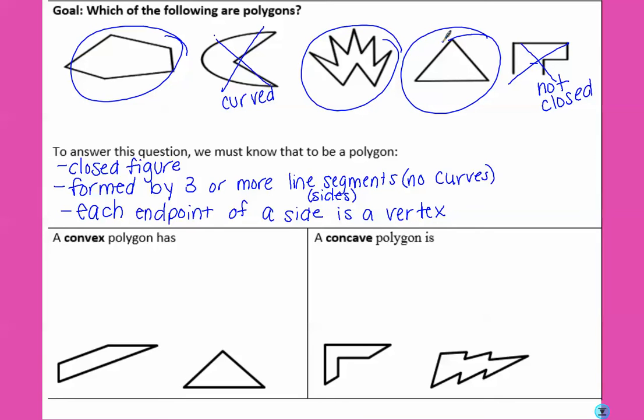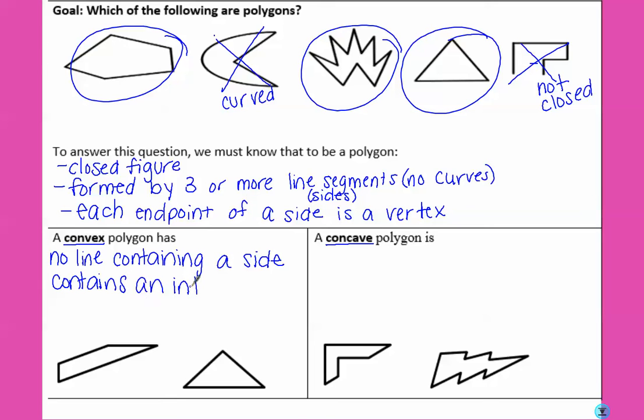Now within polygons, there's 2 different types. We could either have a convex polygon or a concave polygon. A convex polygon means no line containing a side contains an interior point.